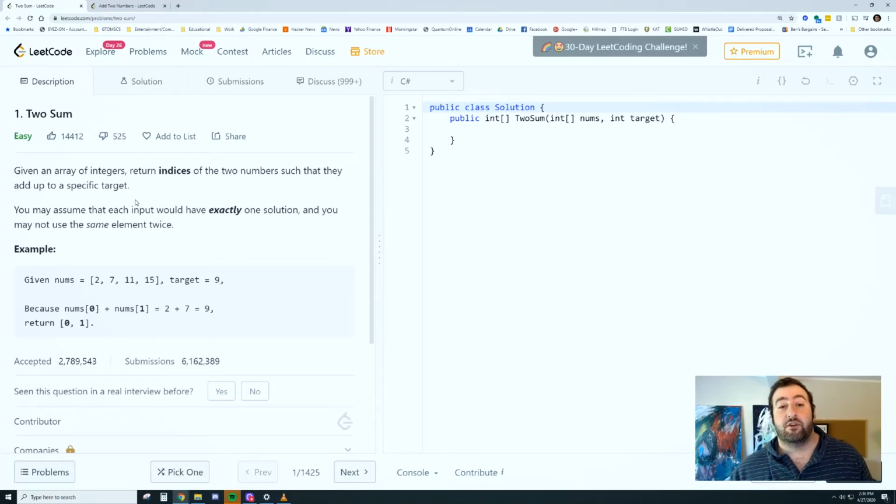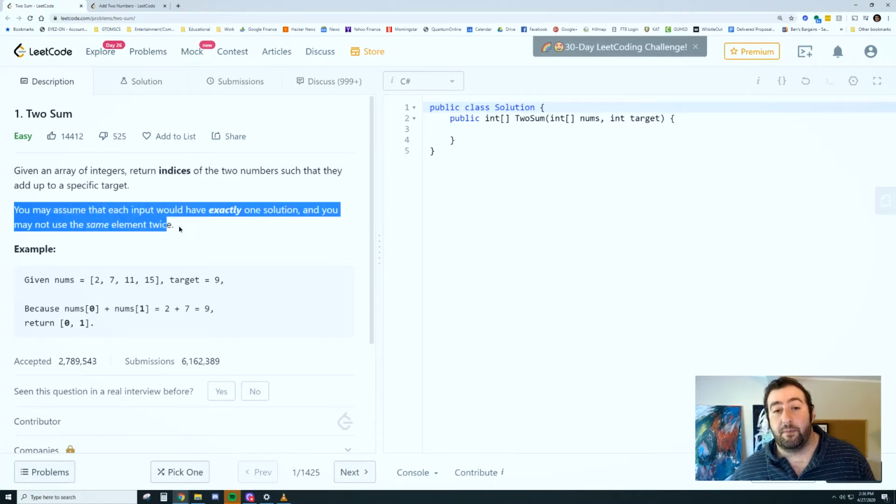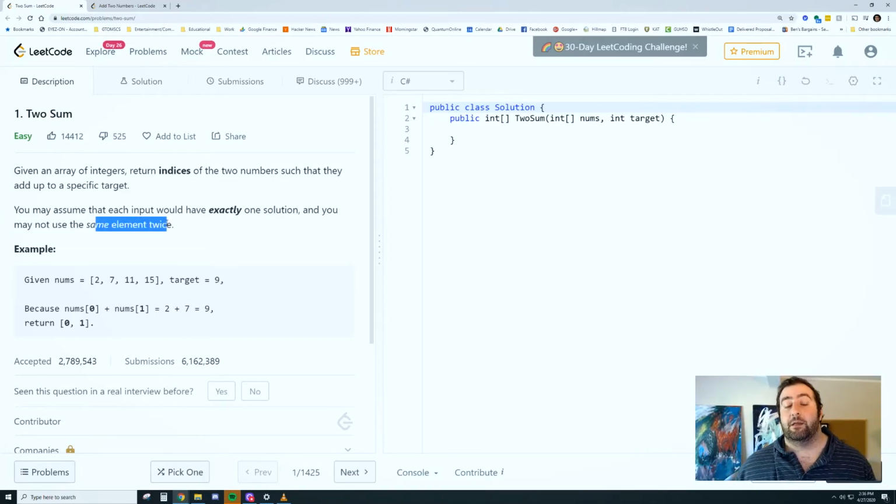Make sure you ask for clarifications if you don't get it. Next, this is a critical piece of information: you may assume that each input would have exactly one solution, and you cannot use the same element twice. Looking at the example is going to shed light on what they're talking about. We have an array of integers, assigned to an array named nums.